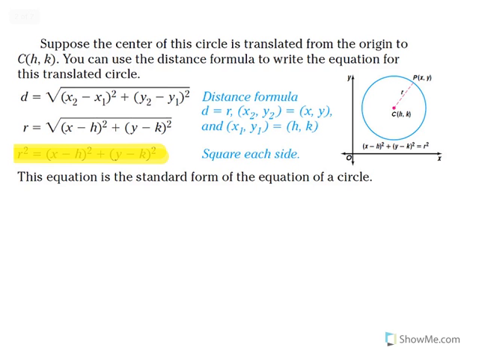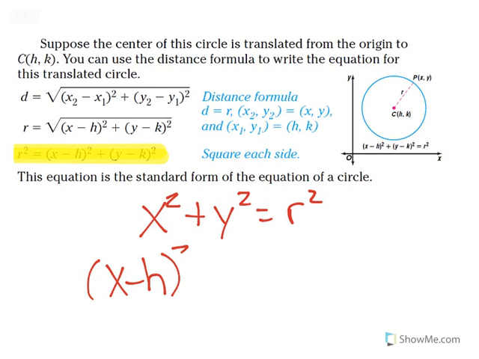All right, so the standard form for a circle could be x squared plus y squared equals r squared, which we're familiar with because that helps us with polar form. The other way, when we translate it, would be (x minus h) squared plus (y minus k) squared equals r squared.